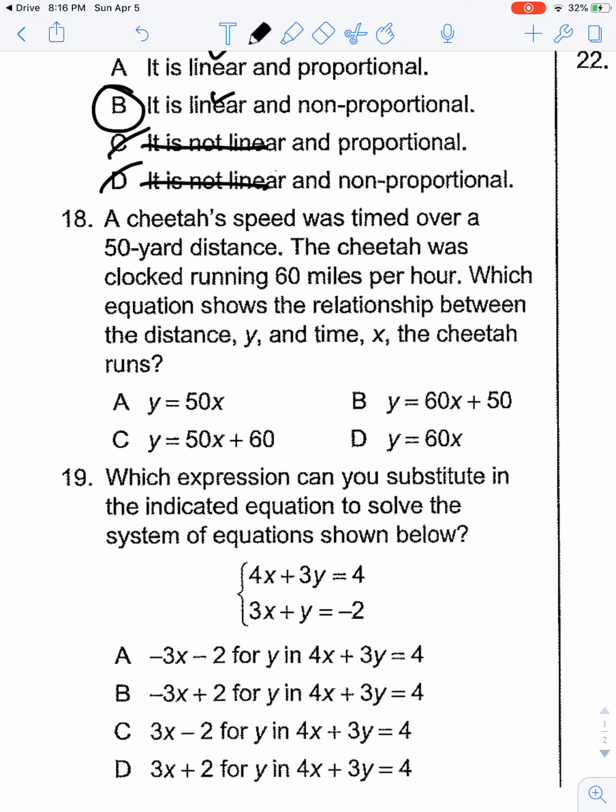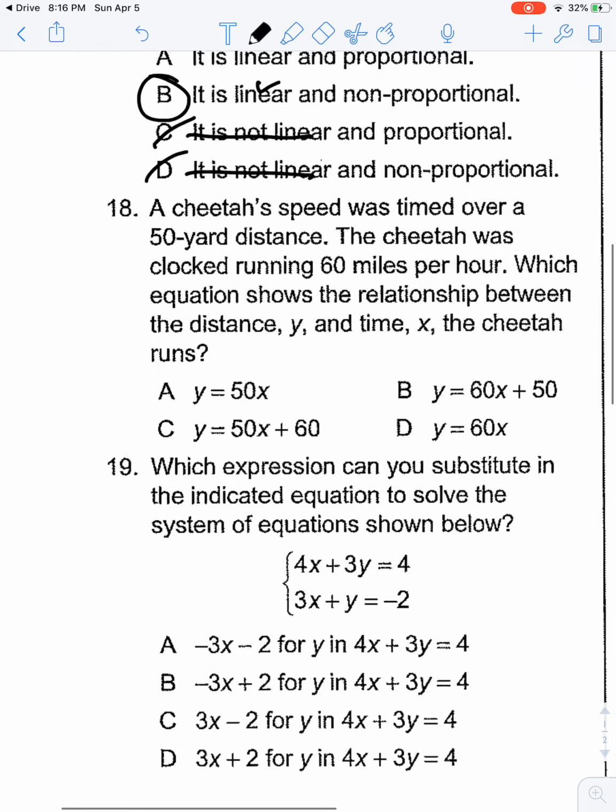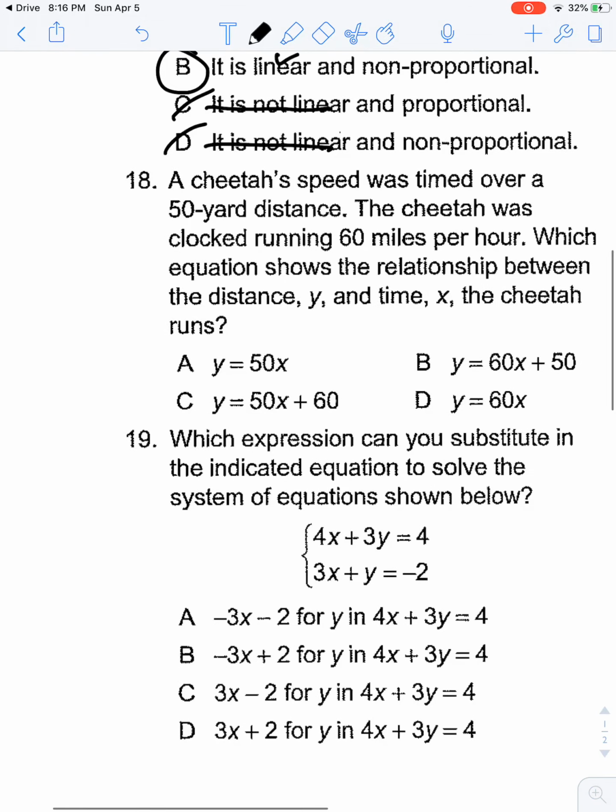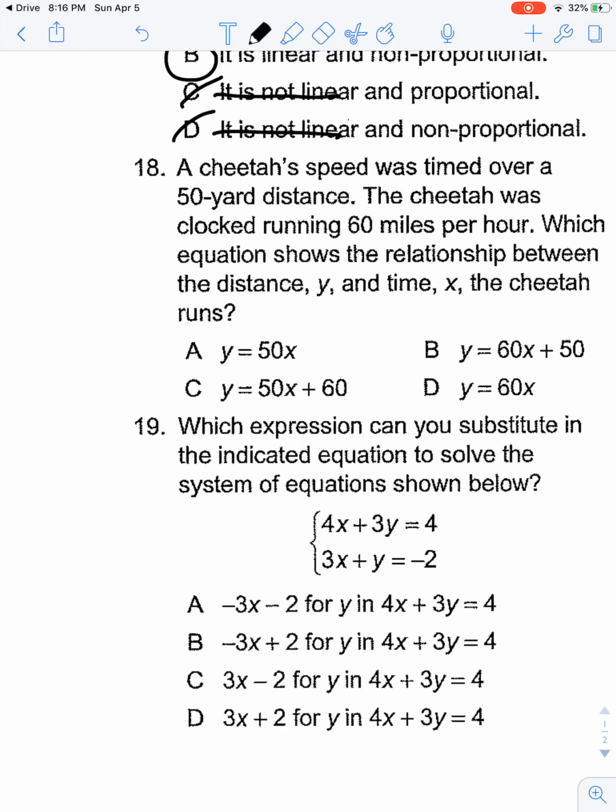All right, number 18. A cheetah's speed was timed over a 50-yard distance. The cheetah was clocked running 60 miles per hour. Which equation shows the relationship between the distance y and the time x that the cheetah runs? Okay, so they're giving us some information here. This 50-yard distance is actually something we don't need.